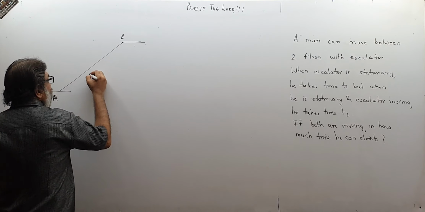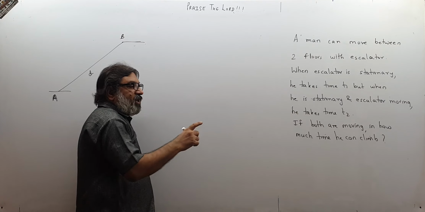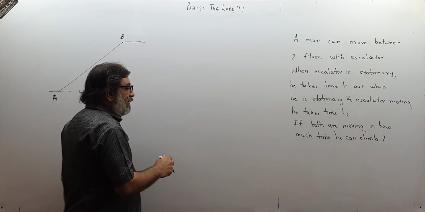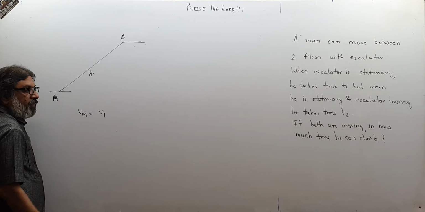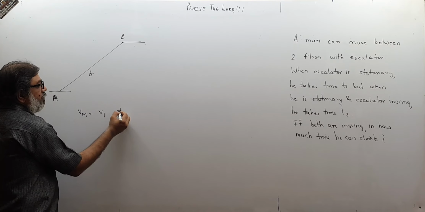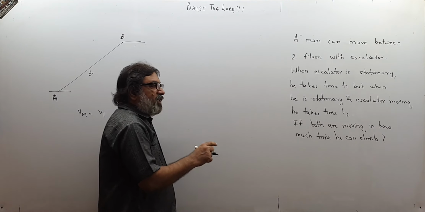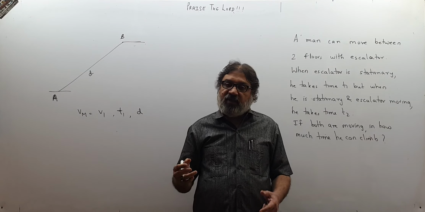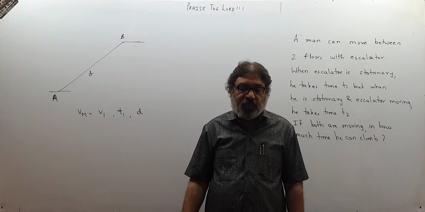Supposing d is the distance he has to travel on this escalator. When the escalator is stationary, he takes time t1. So supposing the speed of the man is v1, and he takes time t1 to cover a distance of d. But when he is stationary and the escalator is moving, usually we stand still, just hold on, and the escalator carries us up the floors.